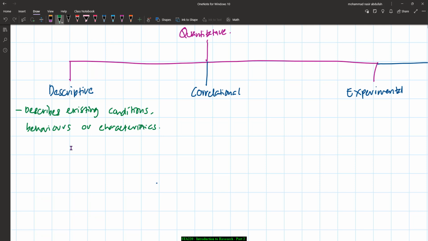We just collect the data and we report that data. We just describe the data as it is, right? Without any manipulation. Any manipulation means that we don't care what is the relationship of this one variable and another variable. We just describe this. Maybe for example, I write here, without manipulating variables, right?